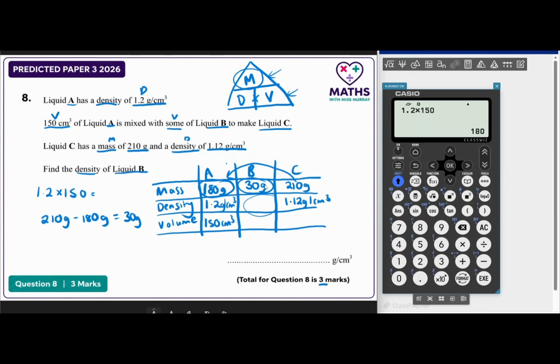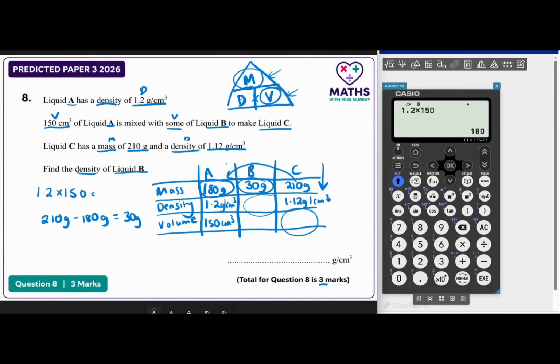I'm gradually going through and filling in the information that I have here. So now if I look down at column C, I can work out the volume of C because I have its mass and its density. So if I'm doing volume, that tells me I'm doing mass over density, which means divided.